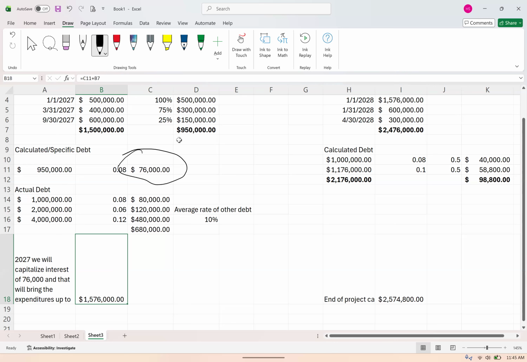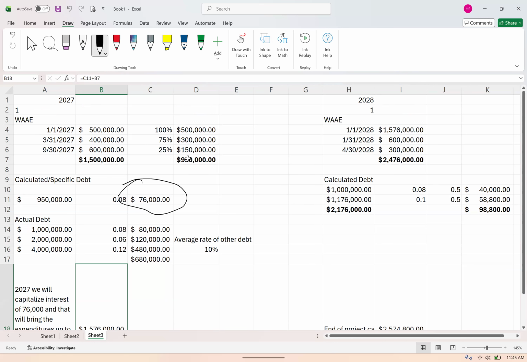Okay, the 950,000 is just that weighted average of all these strings of cash flows. Okay, like if you just took these first two, so like up until September, they only had like 800,000 outstanding. Okay, so you're not going to get to capitalize more interest than what that weighted average accumulated expenditures gives you.